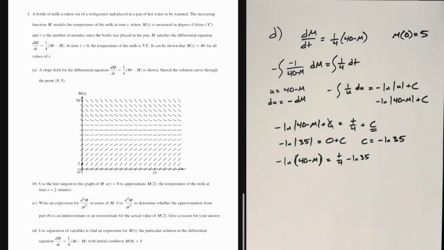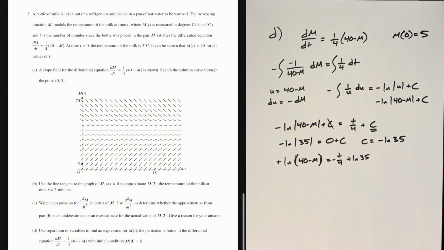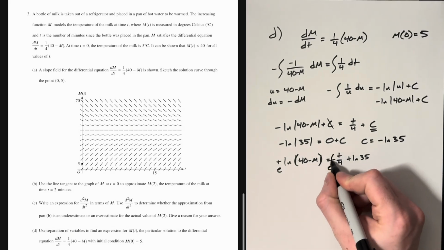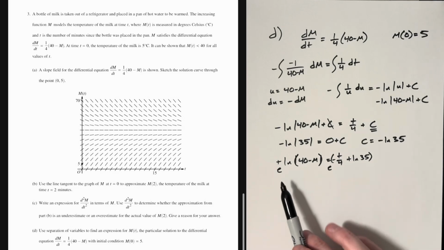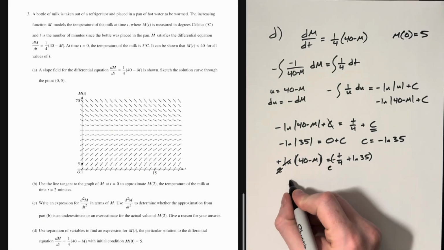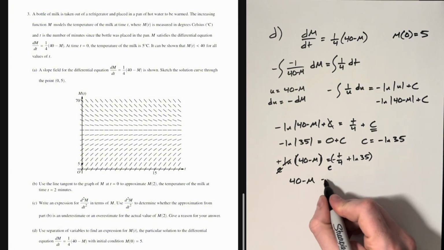So in order to isolate m, what I would do first is just negate both sides. And now, what I'm going to use to get rid of the ln is do e to those powers, right? Because those powers are equal, e to those powers will also be equal. Now, e to the ln of something, those will actually just cancel out. On the left side, I get 40 minus m.